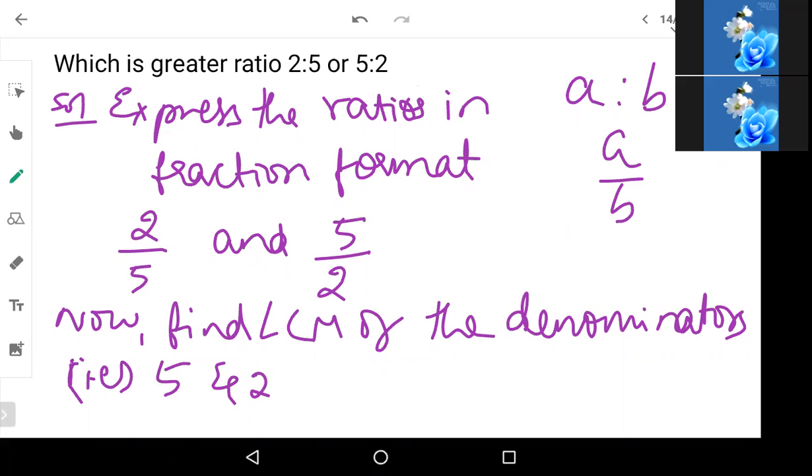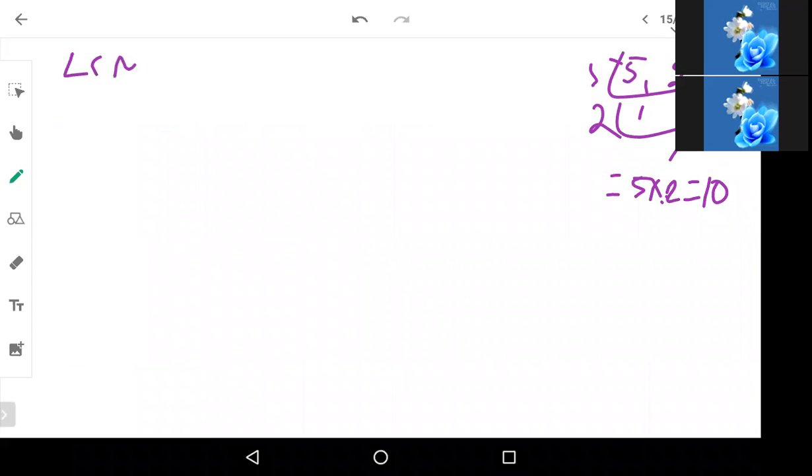So the denominator is 5 in the first ratio and 2 in the second ratio. Okay, so the LCM of 5 and 2 will be 5 ones are 5, 2 ones are 2, which is 5 twos are 10. So the LCM will be 10.